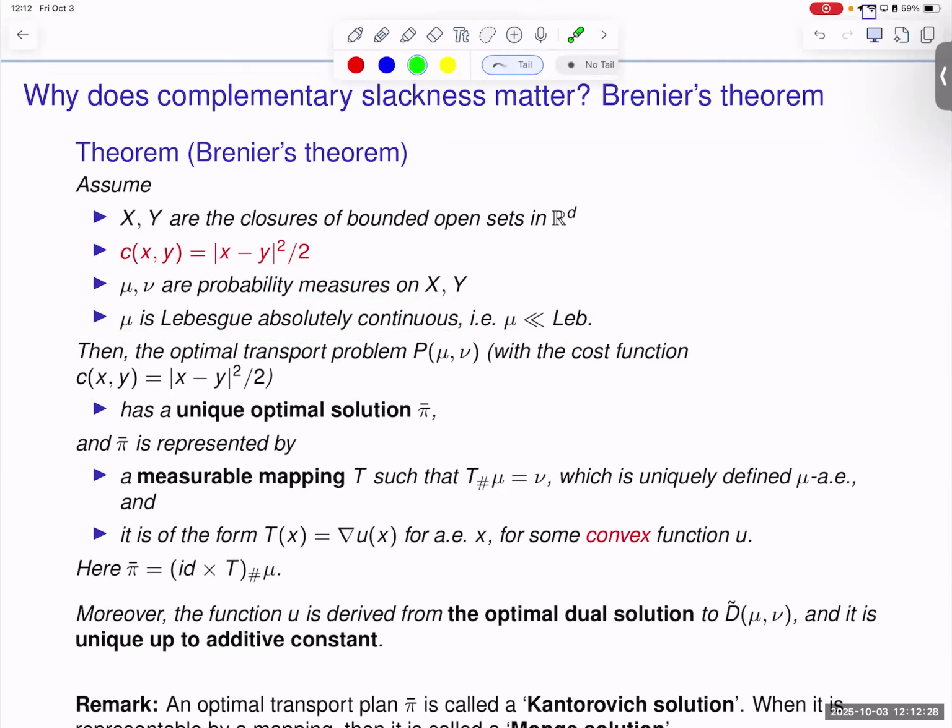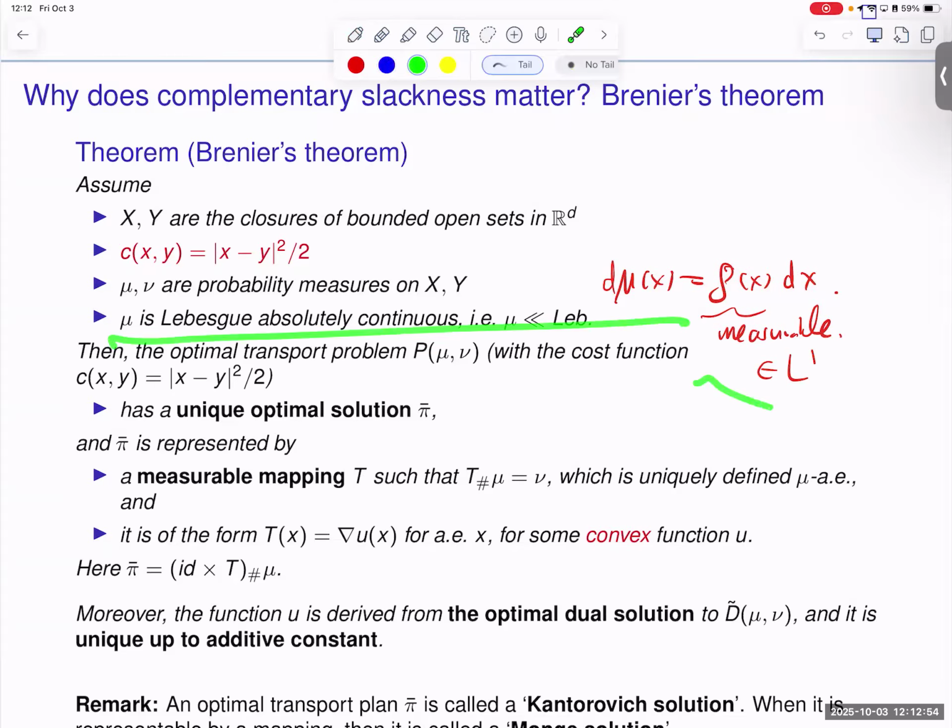This means mu, as a measure, has some kind of density function. Actually, it's L1. That's the meaning.